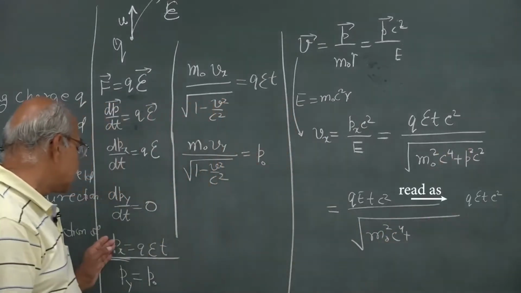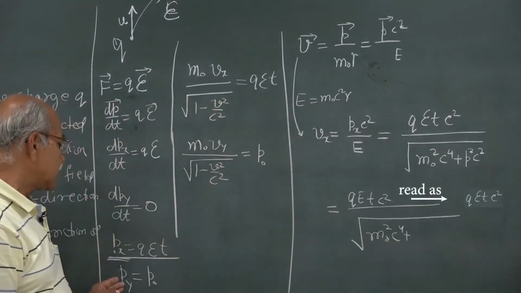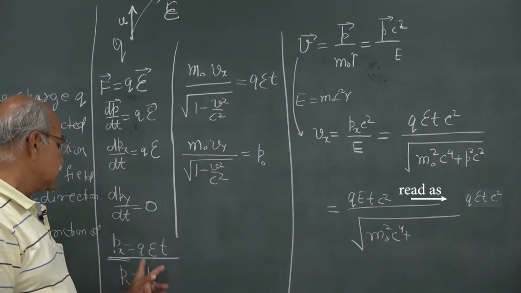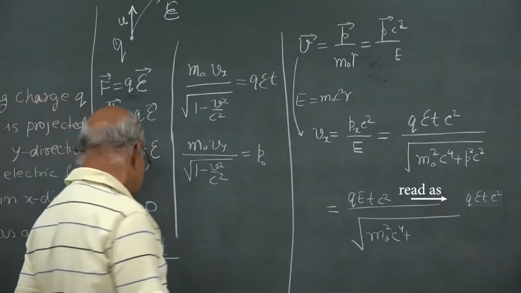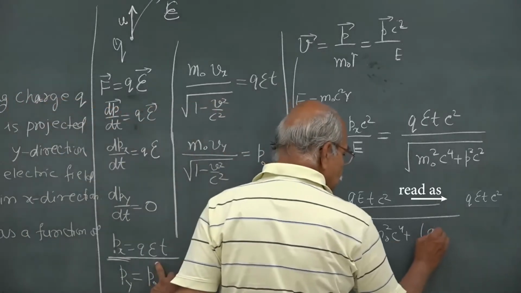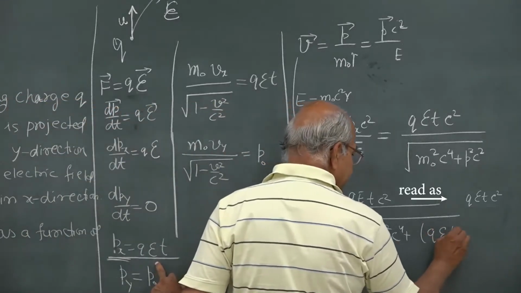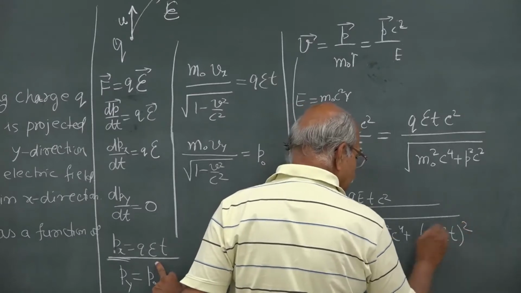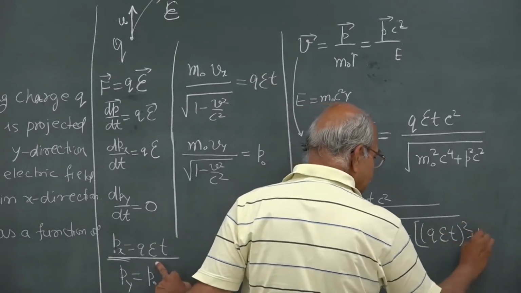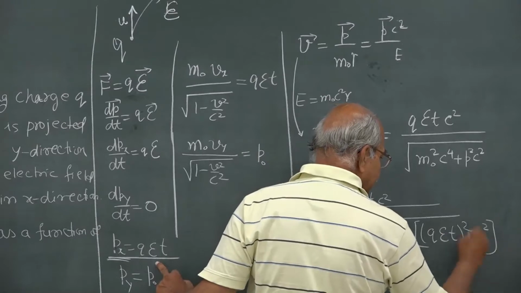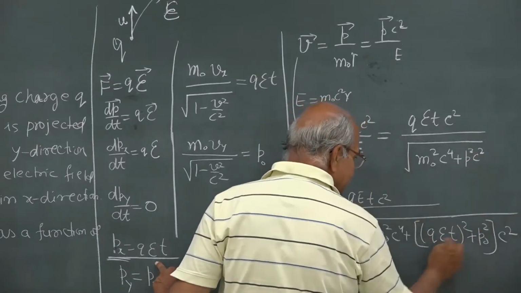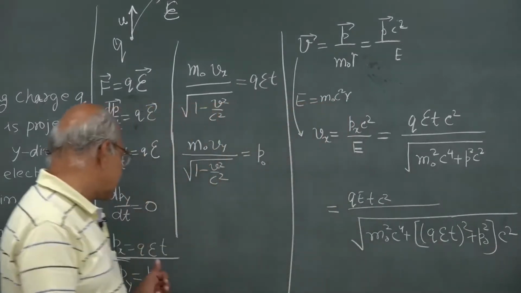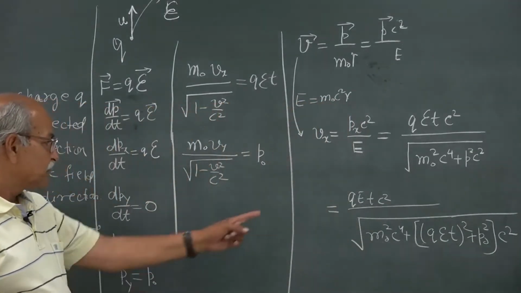It is px square plus py square. So, this Qet square plus p naught square will be p square. It is Qet square plus p naught square, and then c square. p square is px square plus py square, that is this.